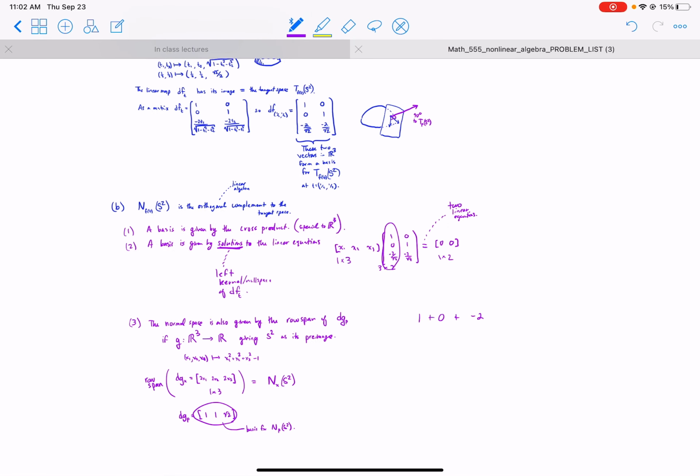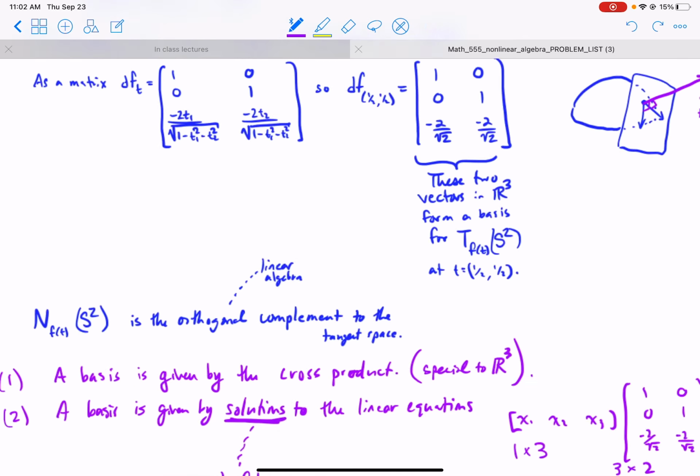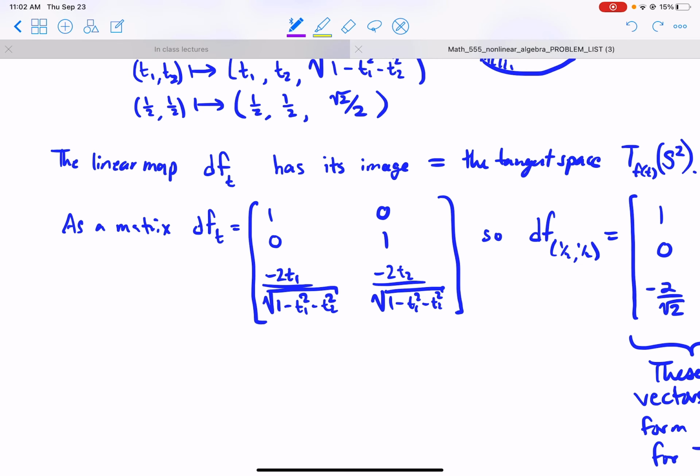Okay, could it be that I plugged in wrong? Let's check that. Do you understand what I'm saying? If this is a basis for the normal space, it has to be orthogonal to both of these, because these are a basis for the tangent space. So let's see what I did wrong. Did I plug in okay? Let's see, 1/2, 1/2, 1/2 root 2.